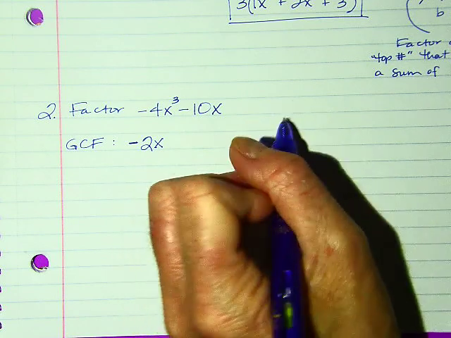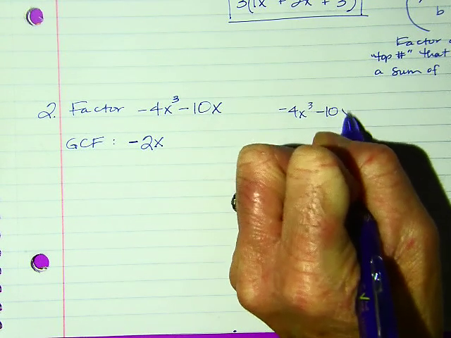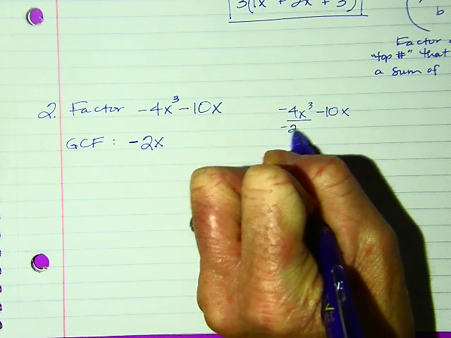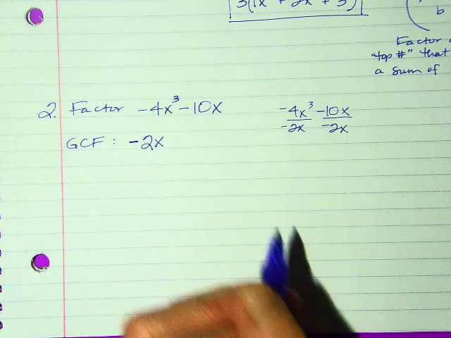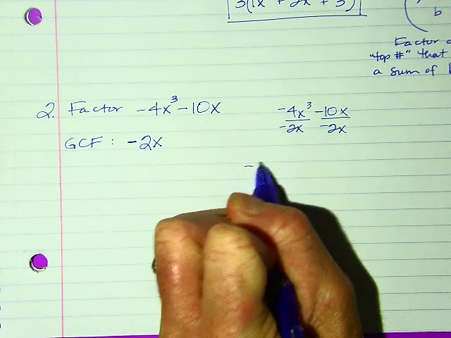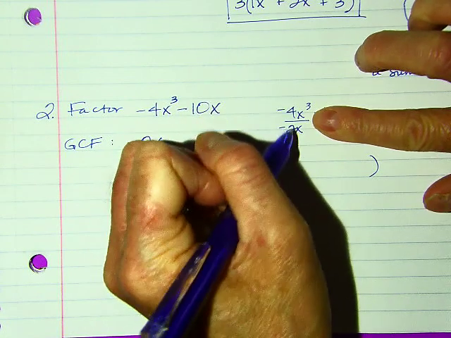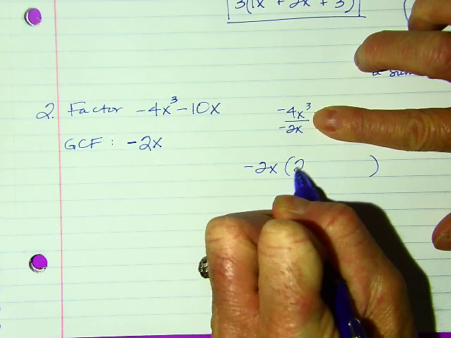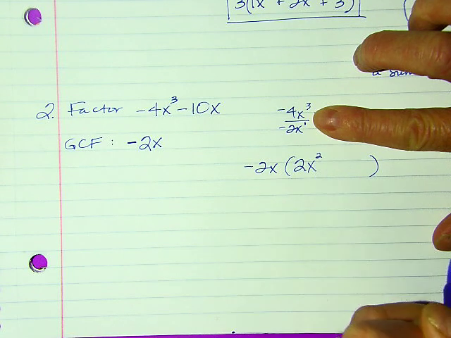So when I factor that out, I'm dividing. This is what I'm mentally doing, okay? You don't have to write this, but I'm mentally dividing each term by a negative 2x. And so that gives me a negative 2x parentheses. Dividing the first term, I'm going to get a positive 2, and the x cubed over x leaves x squared.